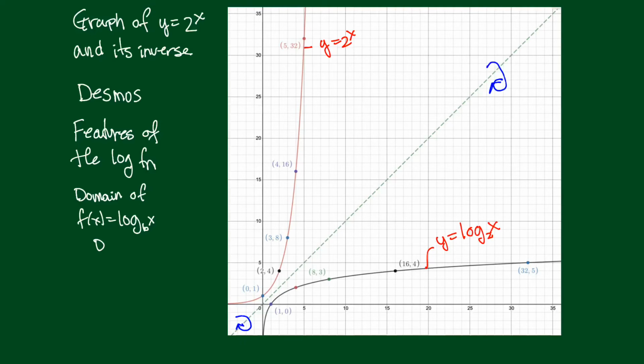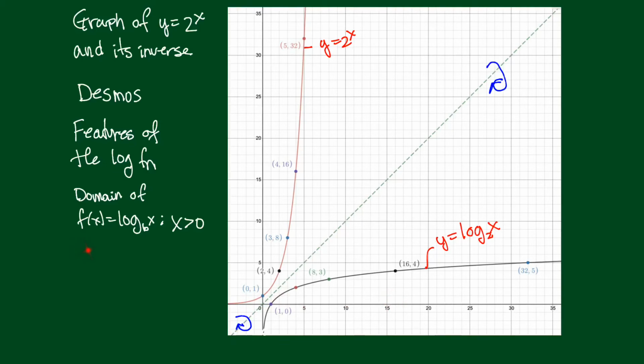So the domain is this: x has to be strictly greater than 0. You could try it on your calculator. You can try putting in log of 0 or the log of some negative number, and you get an error. The only numbers that you can take the logarithms of are positive numbers. You can see it kind of on the graph, although it's pretty tight in here. But the domain is no zeros, no negative numbers, only positive numbers.